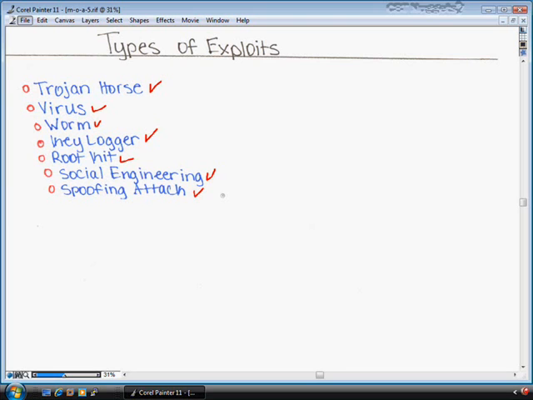So those are some of the more common exploits that you need to be familiar with. And of course, there's a ton of exploits out there, but I just want to hit the high points and help you understand these are the types of things, and the more popular ones, that the hackers are going to try to do to you.